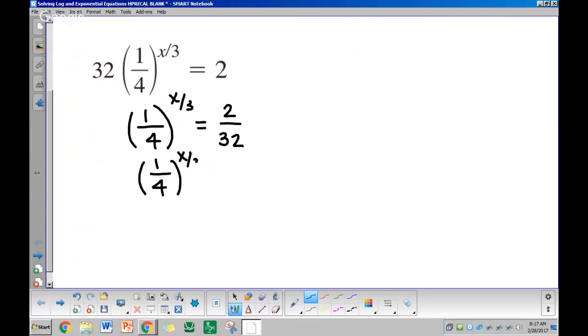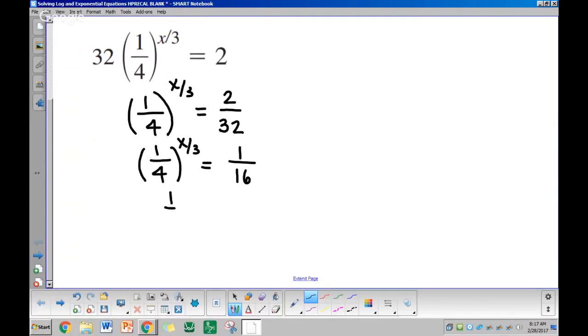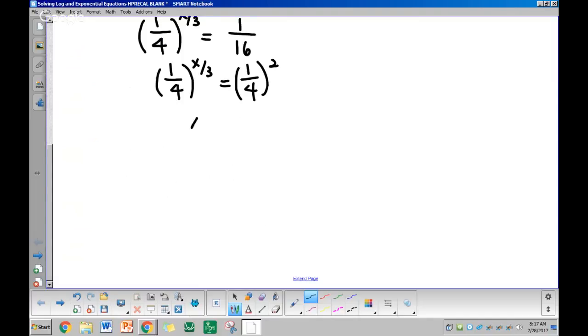This is 1/16, or 1/4 squared. So x over 3 equals 2, x equals 6.